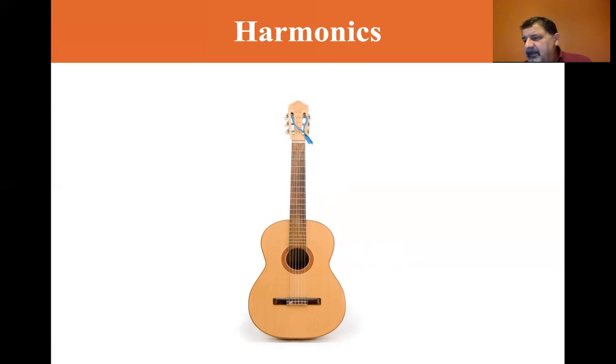When you place your finger lightly at the midpoint, the entire string can still vibrate when you pluck it, but your finger imposes a node at the center of the string. The fundamental mode of vibration is n equals 2. The harmonic of an open string, the frequency is twice as high. It's an octave when you put it at the center.